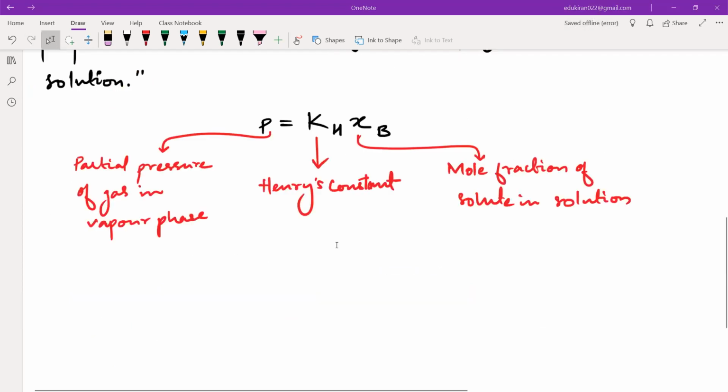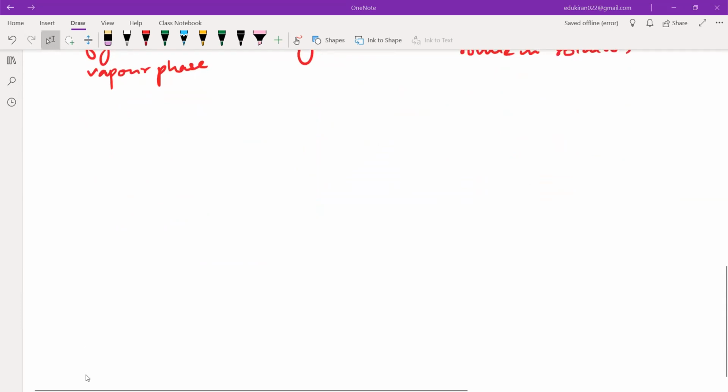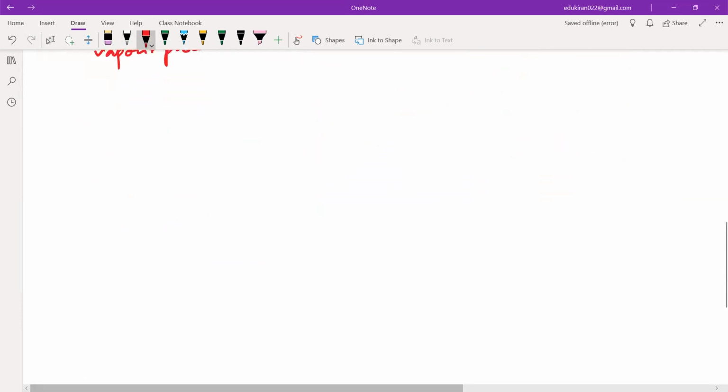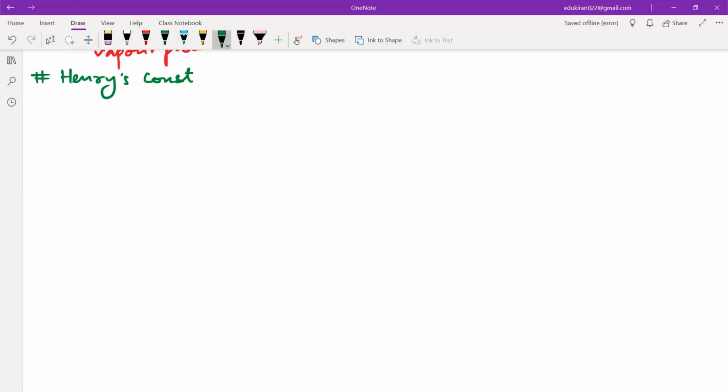Okay, great. So you guys can lower your hand, and now we'll talk about the Henry's constant kh. First thing is, what will be its units?